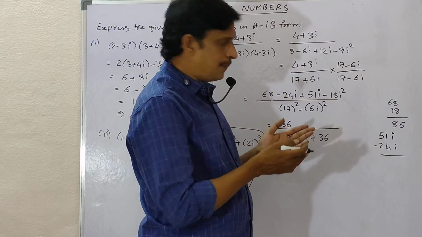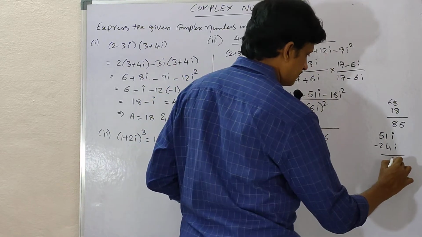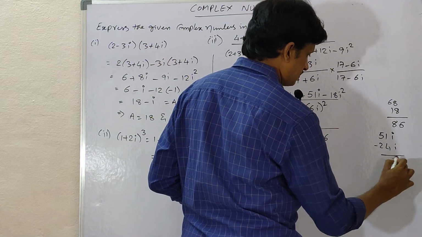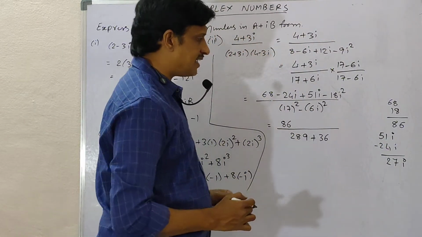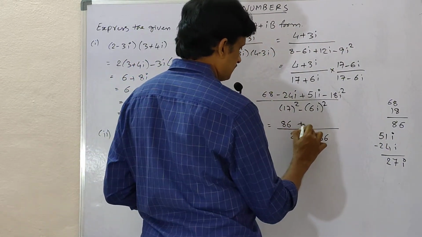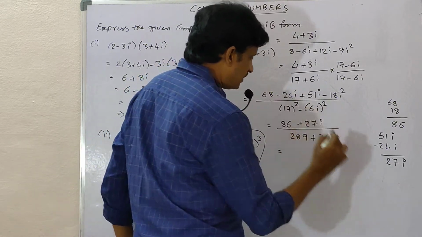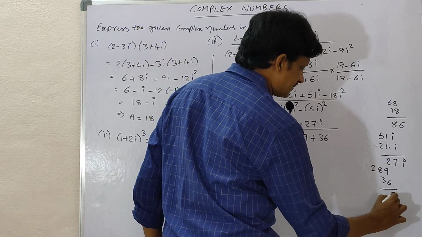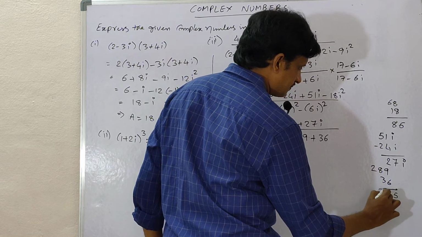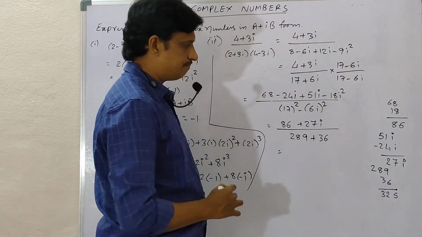We need to add the real parts together and imaginary parts together. That gives plus 27i. So what about the denominator? This is 289 plus 36. That is 325.